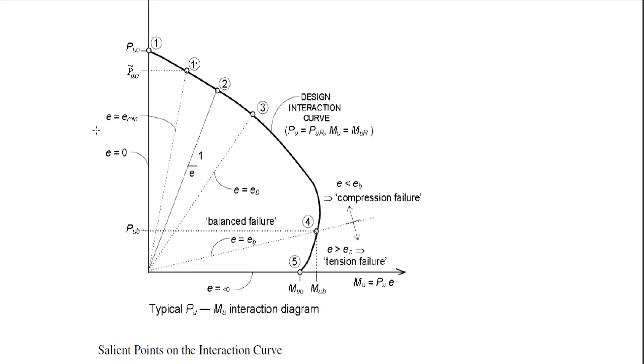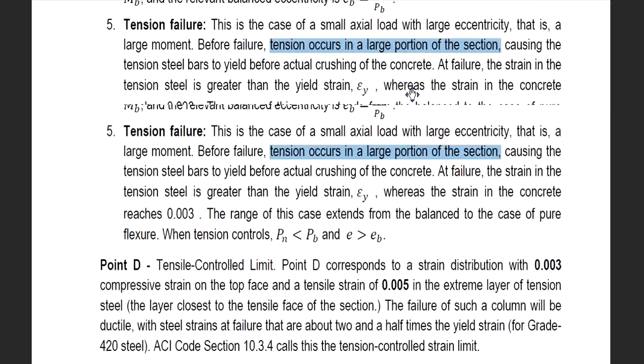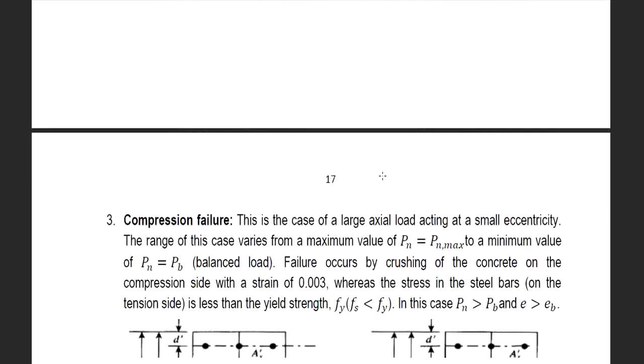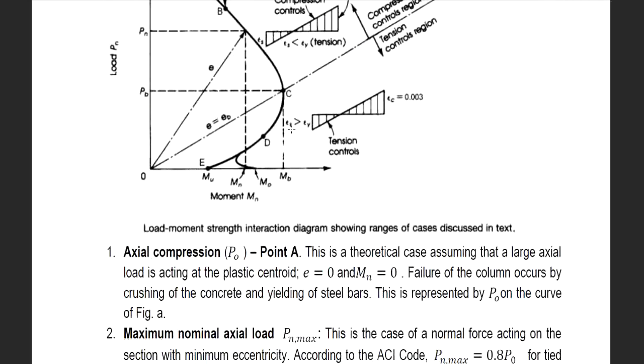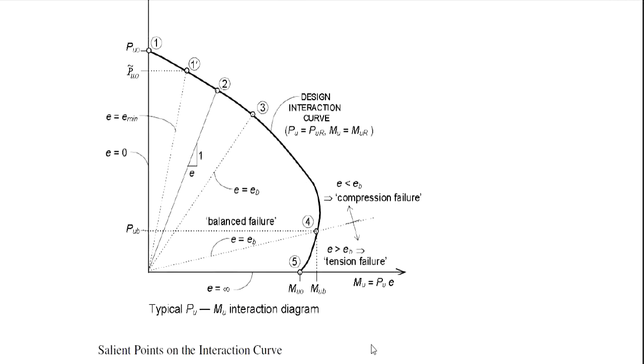So I am going to combine these two diagrams. You can see over here, these two are same diagrams, but here the compression and tension zones are shown. Here compression and tension zones are not shown. Point 1 dash, where the load reaches maximum value, and E will be equal to minimum eccentricity, where E is equal to 0.